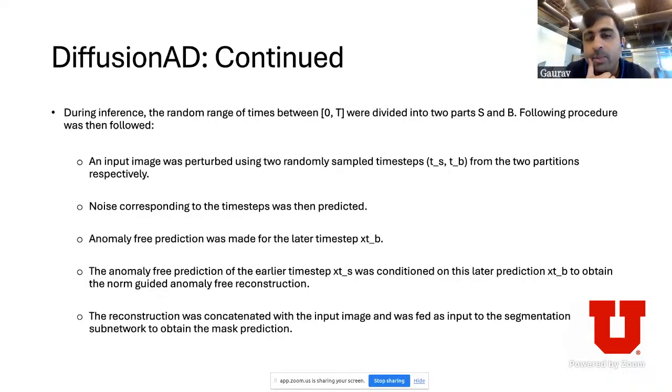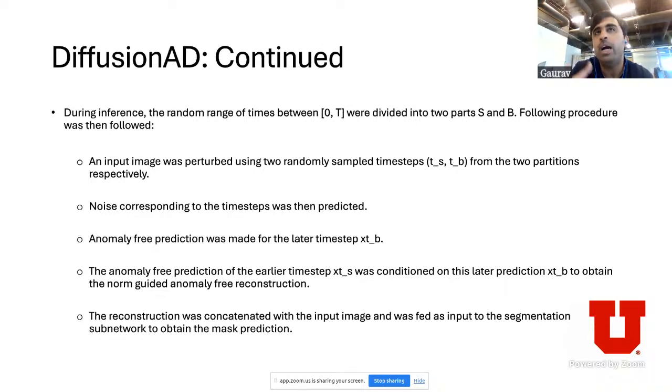At the same time, there are cases where the anomalies occupy a relatively large area in the image. In that case, we need to perturb it with a larger amount of noise and then produce the reconstruction, so that we have a normal sample.